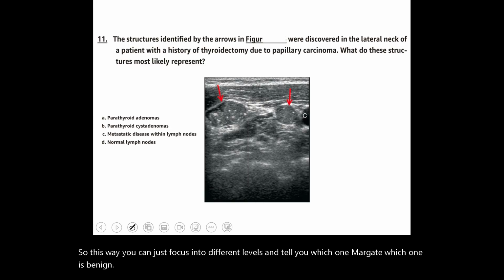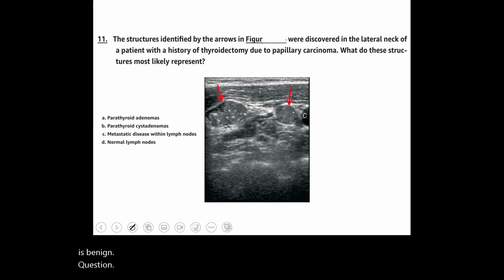Question. Metastatic disease with secondary lymph nodes.